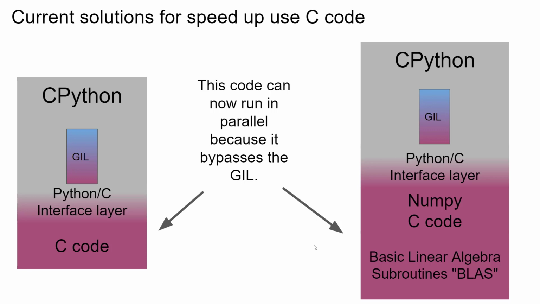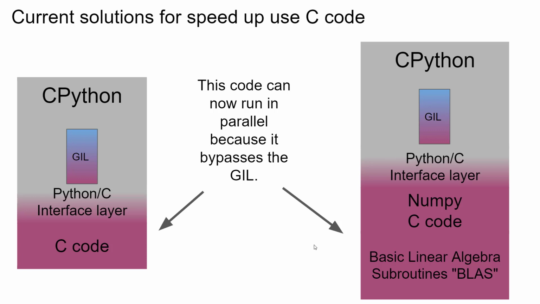And the reason why it can run in parallel is because it's written in C, and the Python has that GIL switch, which, while it prevents the Python code from running in parallel, the reason it's doing that is to allow the C code to run in parallel.